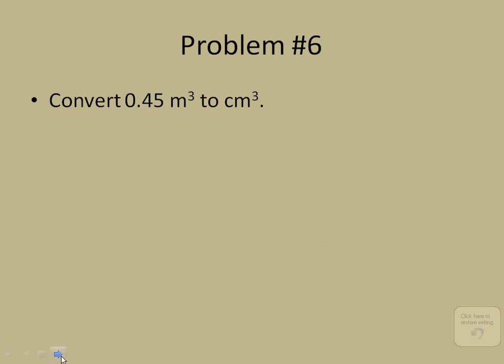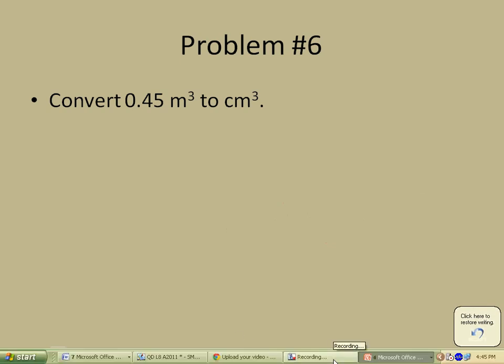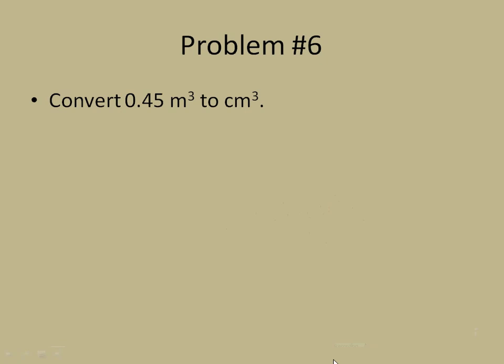Now we have a three-dimensional one, and just wanted to bring this to your attention. We have 0.45 cubic meters to cubic centimeters. So you know that there's 100 centimeters in 1 meter. So let's see how we can convert a volume from cubic meters to cubic centimeters. So we're starting with 0.45 meters cubed.